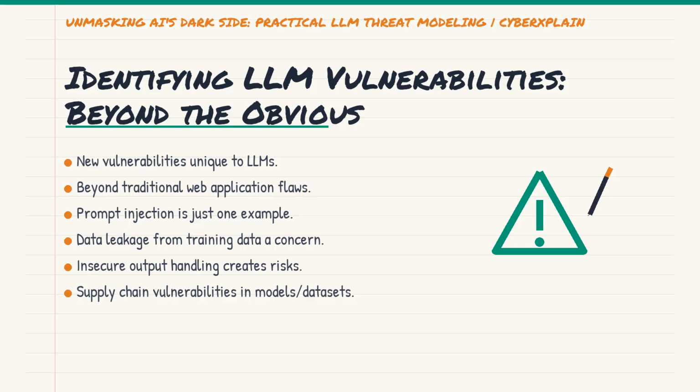Think about data leakage through sensitive training data, insecure output handling, or even supply chain vulnerabilities introduced by using third-party models or fine-tuning datasets. This requires a new mindset for security professionals, understanding how the AI itself can be manipulated or misused. We need to go beyond the typical SQL injection mindset.